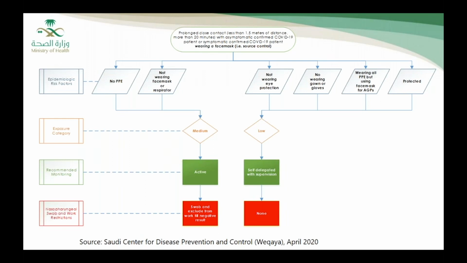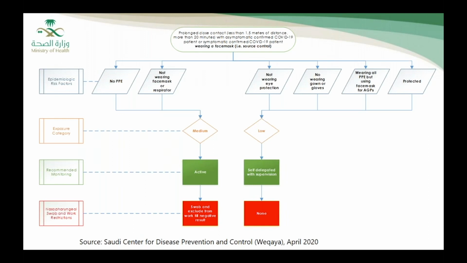These are some examples of how we can do it. Prolonged close contact, less than 1.5 meters of distance, more than 20 minutes, with an asymptomatic confirmed positive COVID-19 patient or a symptomatic confirmed COVID-19 patient wearing a face mask, for example, source control.